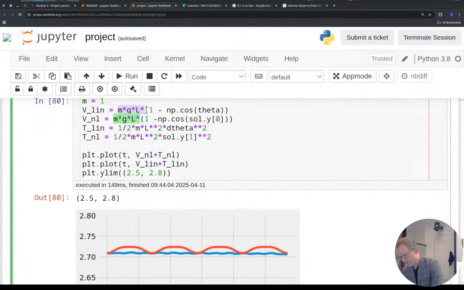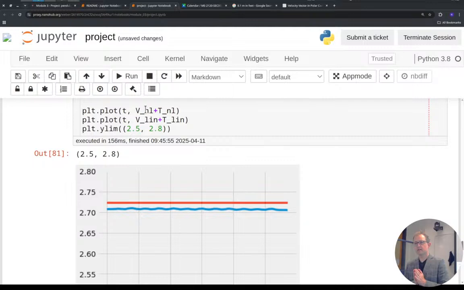What if I change it to MGL theta squared over 2? Is it going to change? Wait, what did you do?